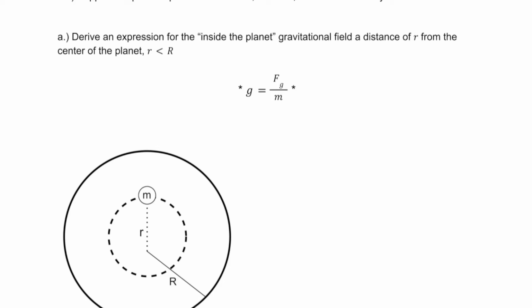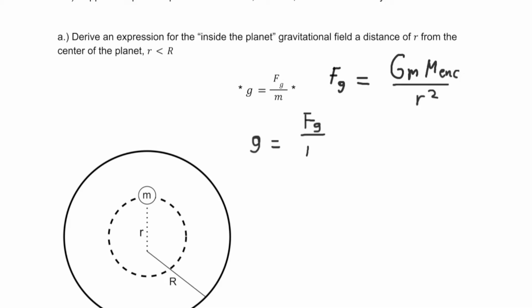So since the gravitational force is equal to G times M times the enclosed mass divided by r squared, the gravitational field, which can be written as the force with the little m divided out, is just G times the enclosed mass divided by r squared.